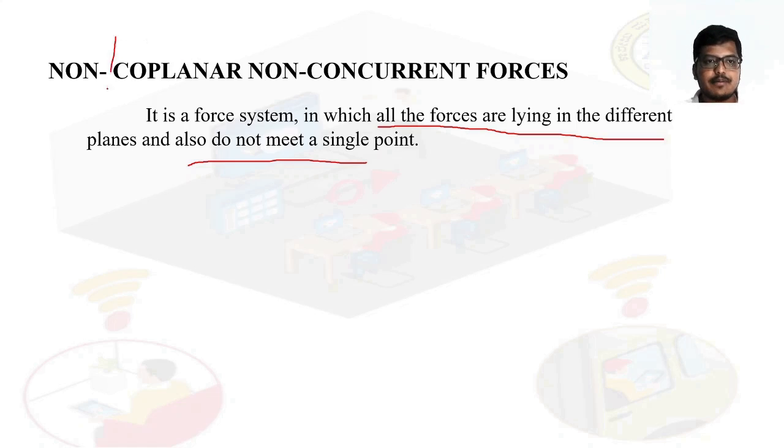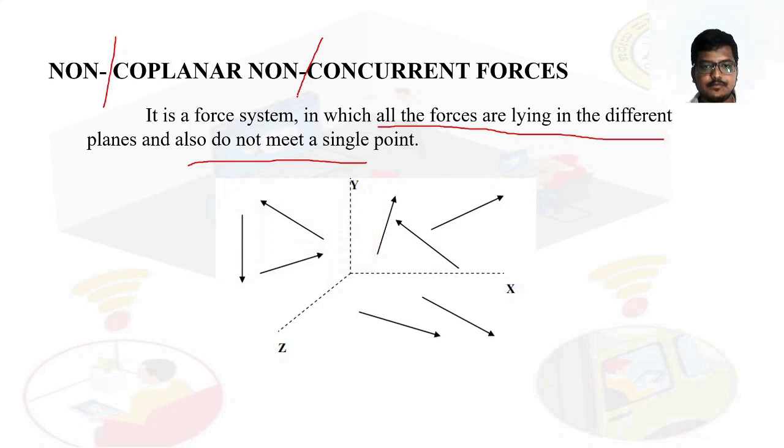So by the name itself you can define the different types of force systems and you have to write in your exam. You can give an example or diagram: draw the three planes, that is the xyz plane, and simply draw the forces of action. Okay, all the forces are lying in different planes but they do not meet at a single point.